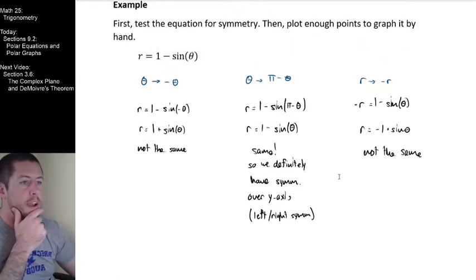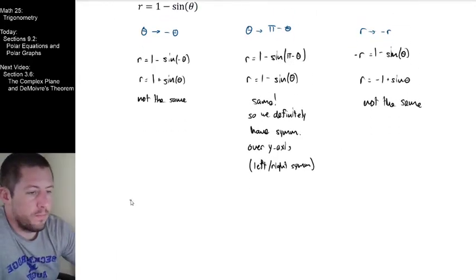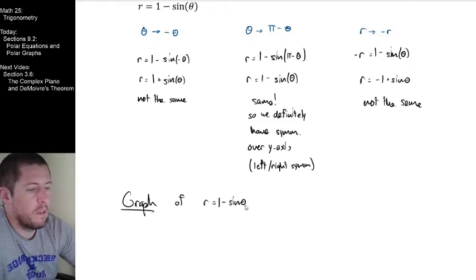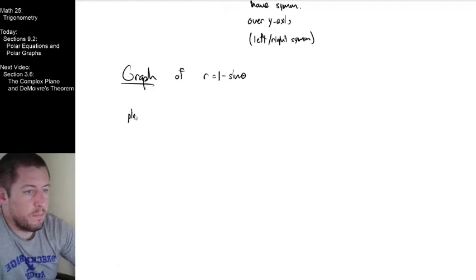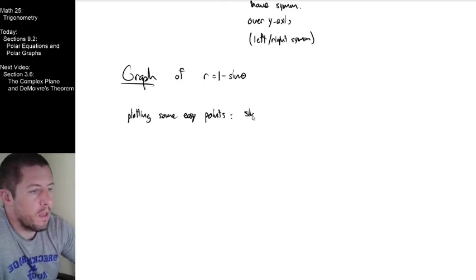So let's try and plot some easy points. Here's a thing I'm thinking. Sine of theta ranges from negative 1 to positive 1.